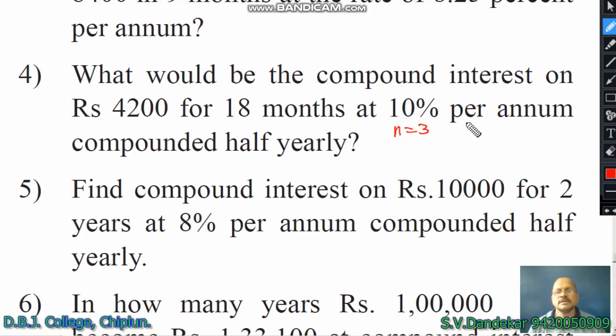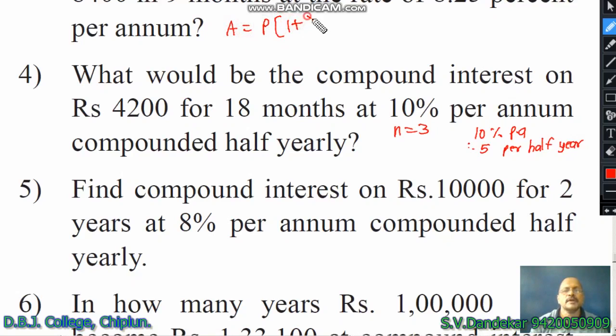Rate of interest is 10% per annum, and therefore it is 5 per half year, and therefore the compound interest formula A is equal to P into 1 plus R by 100 raised to n gives us P equal to 4200. 1 plus R I am going to take as 5 upon 100 raised to 3. Calculate this amount.